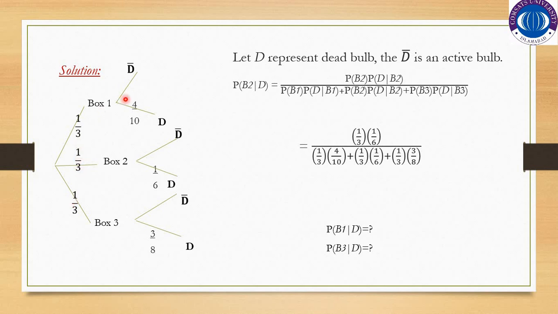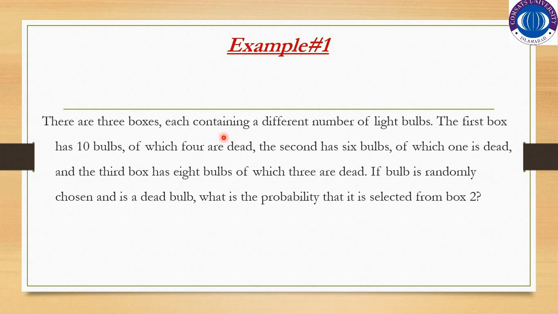There are two options, that either the bulb is dead or the bulb is active. If the bulb is dead, we represent it with D, and if it is active, we represent it with D bar. The selection probability of the dead bulb from box 1 is 4 by 10, because we have a total of 4 dead bulbs in box number 1, and total bulbs are 10.